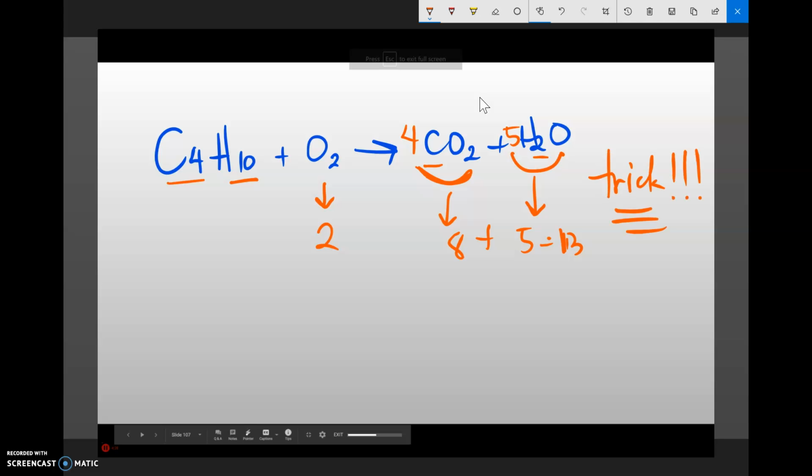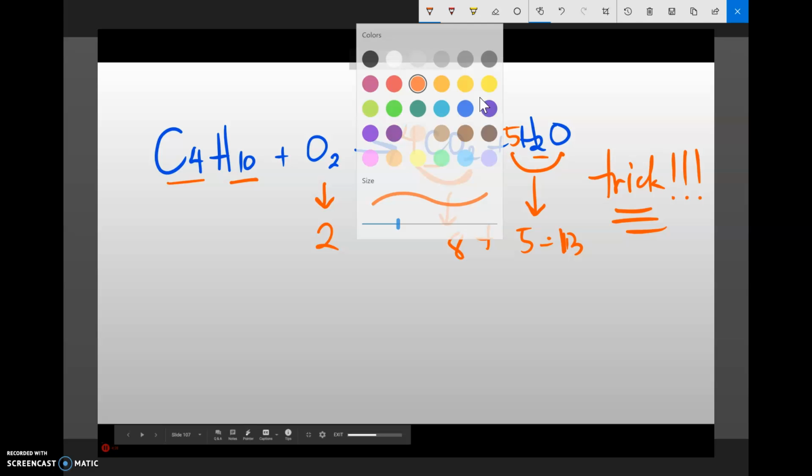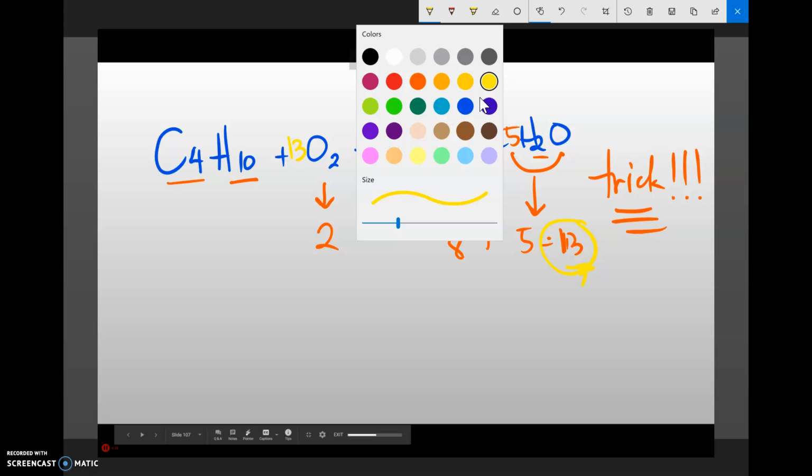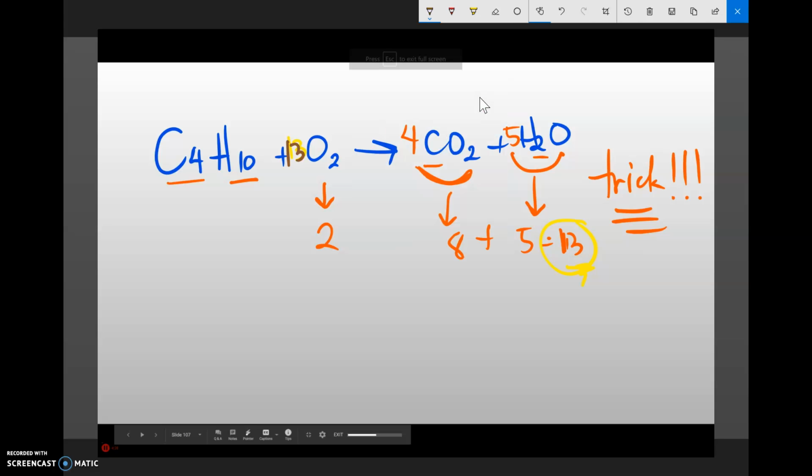Okay, are you all listening? Eyes and ears. So, when you have a combustion reaction and you have an odd number of oxygen on the product side, like we do in this case, what you're going to do is stick that odd number in front of the oxygen.